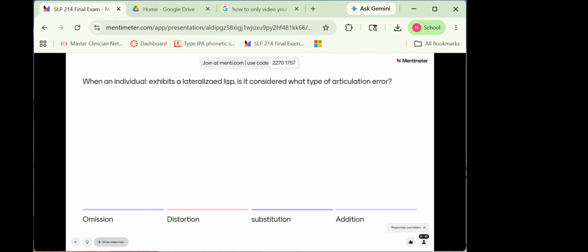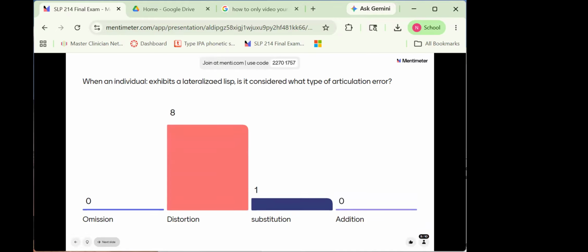When an individual exhibits a lateralized lisp, it is considered what type of articulation error? It is a distortion.